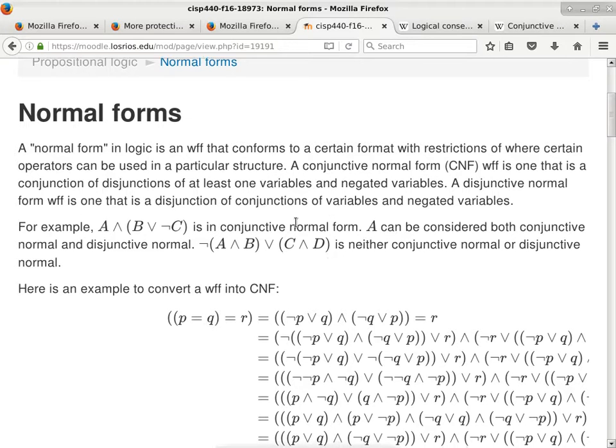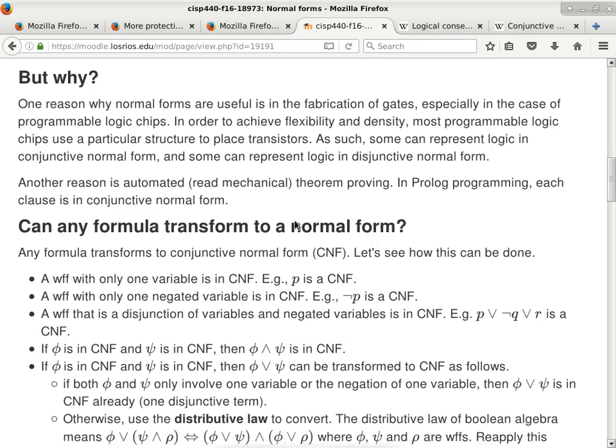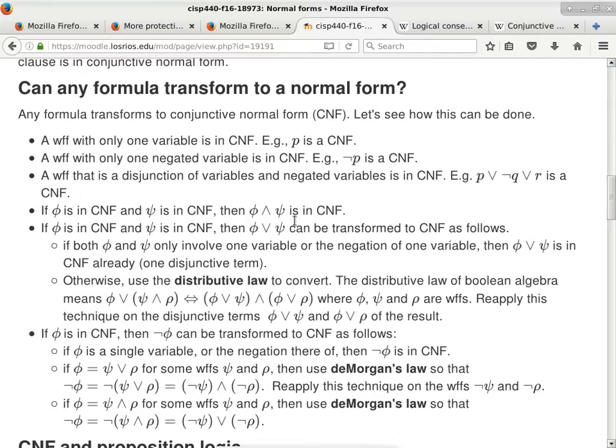Okay, so we talked about conjunctive normal form the other day. There are two basic definitions of what is CNF. I hope you guys still remember the definition of CNF, conjunctive normal form. How many people still have a vague recall of what it is? Okay, go ahead. Do you want to?